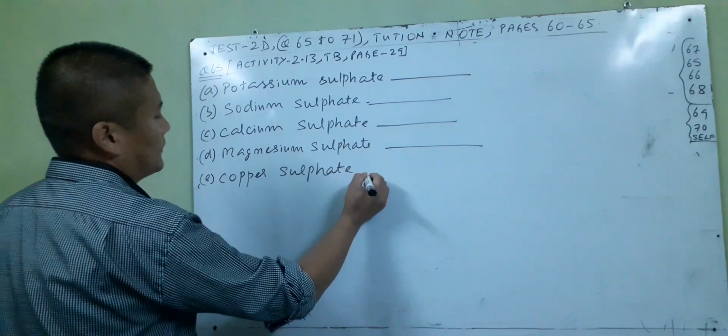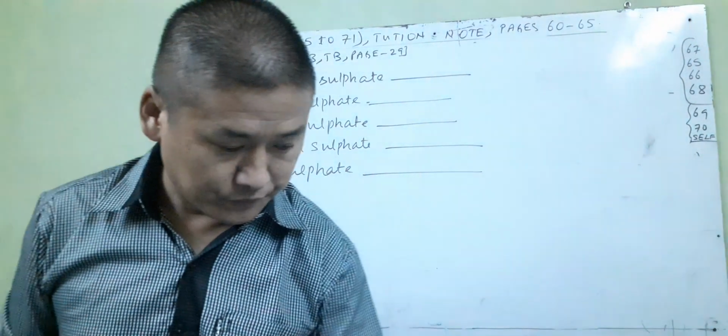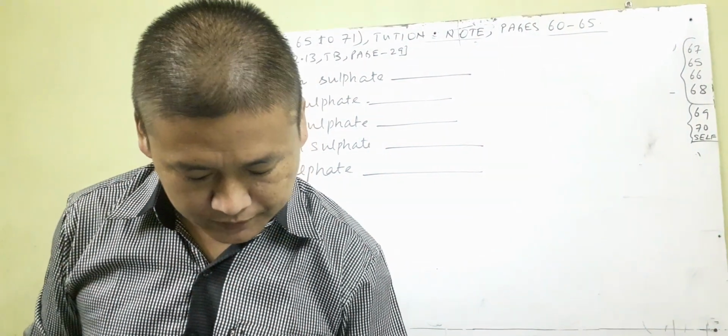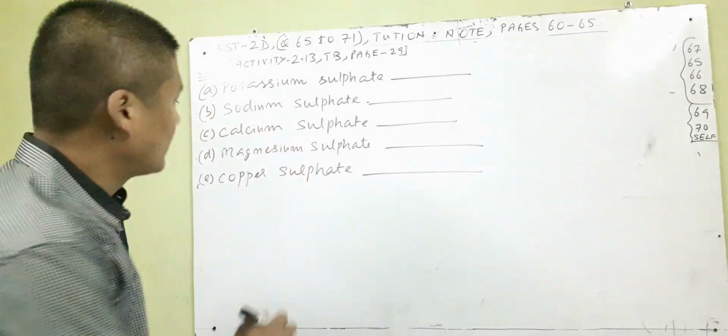Okay, if you don't have the tuition note, you write it on your copy. If you have tuition note, it's already prepared there for you. Okay, then sodium chloride, sodium nitrate, sodium carbonate.